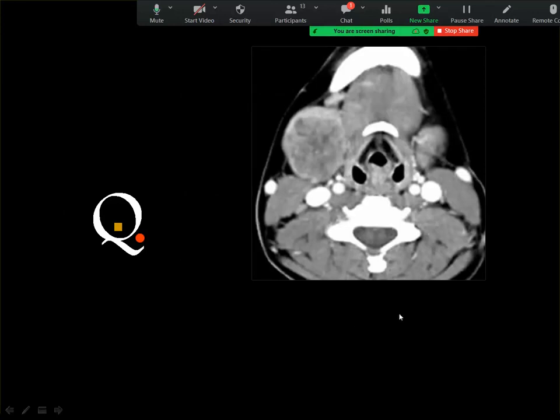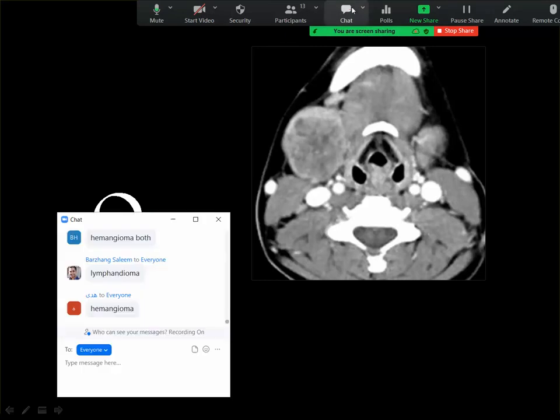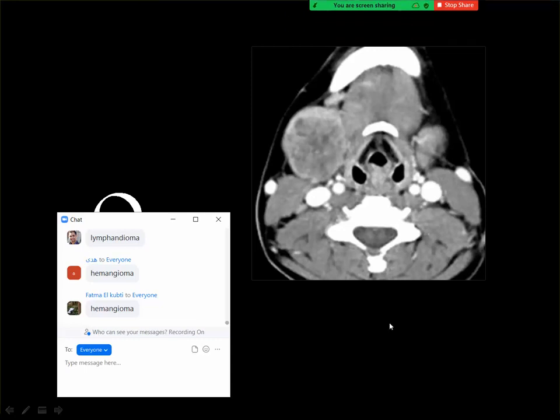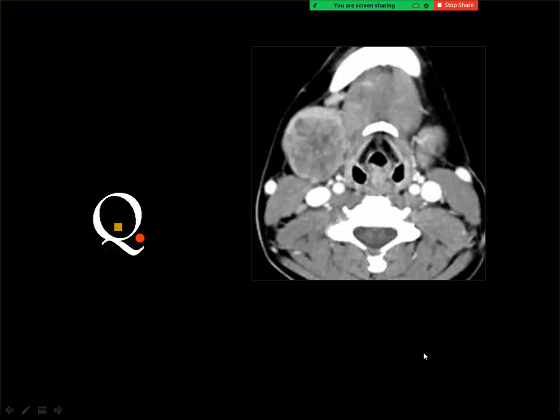CT of the neck at the level of the submandibular salivary gland. Very good, and both answers are good. This may be a pleomorphic adenoma and maybe a carcinoma.